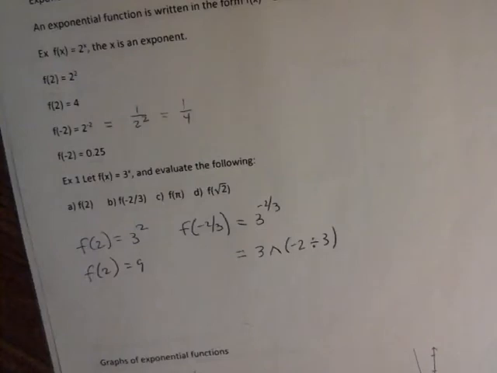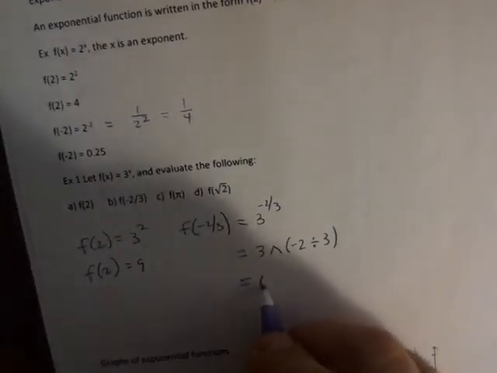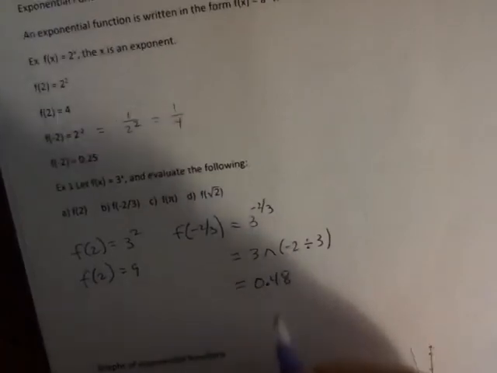As I am working with you, make sure you're working with me. And what you should get for this is 0.48.